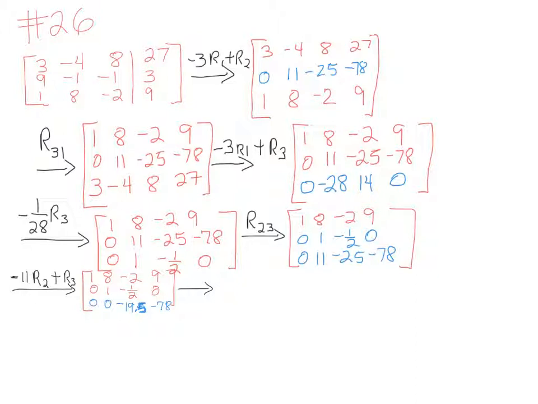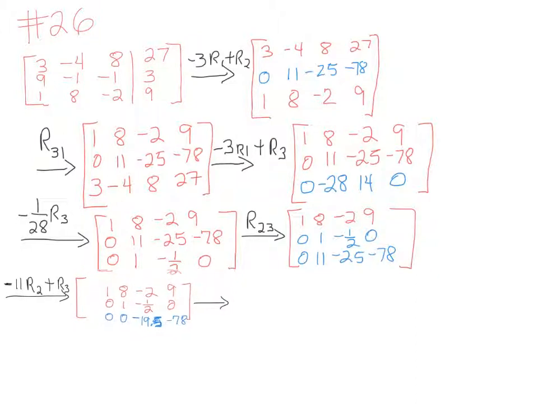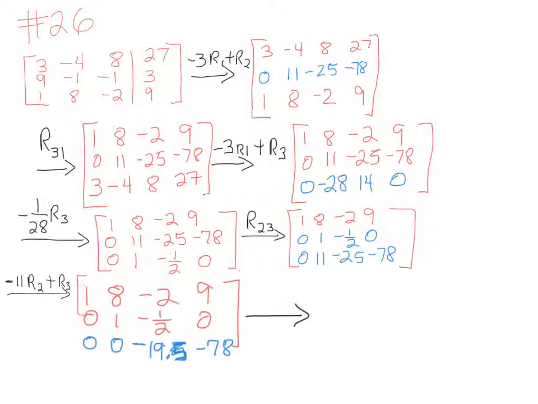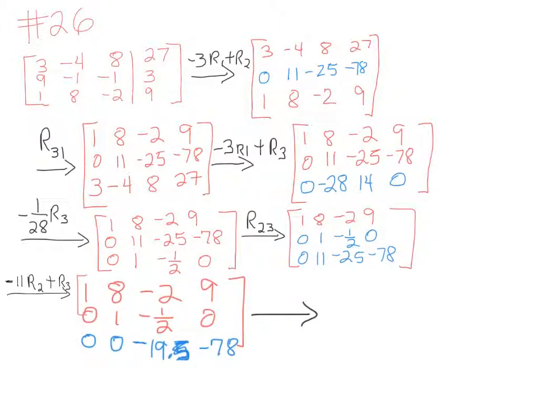And the reciprocal would be 1 over 19.5. Let me make it bigger, and then I'll write it, and then I'll make it smaller. So it's negative 1 over 19.5 times row 3.